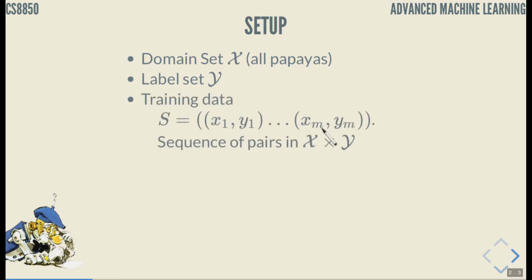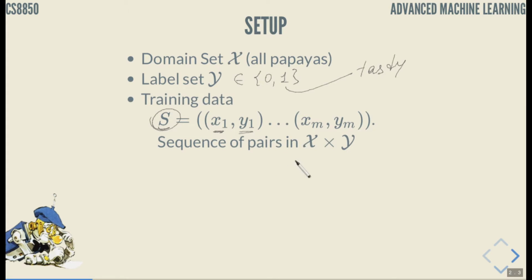Then another thing is sequence S here. The sequence S is often called a training set. It's a sequence of pairs of data sample and a label. And again, this is a set of two numbers, 0 and 1. Say 1 means tasty, just so you have this full picture.